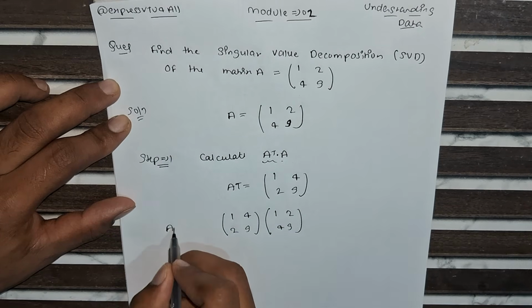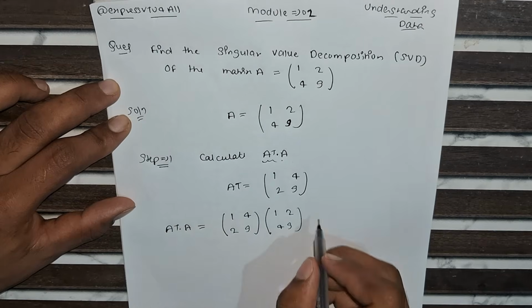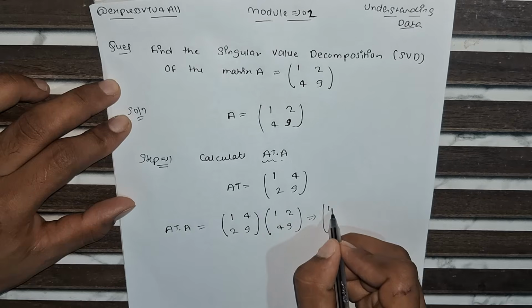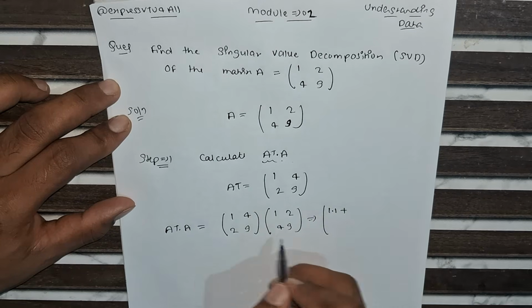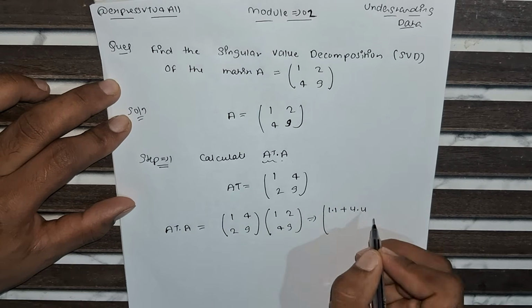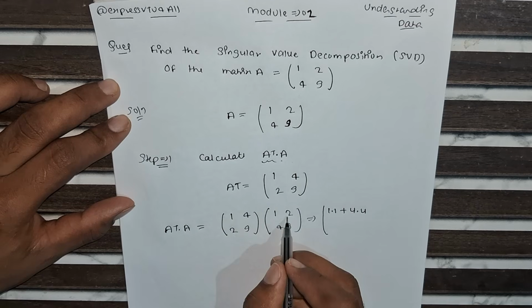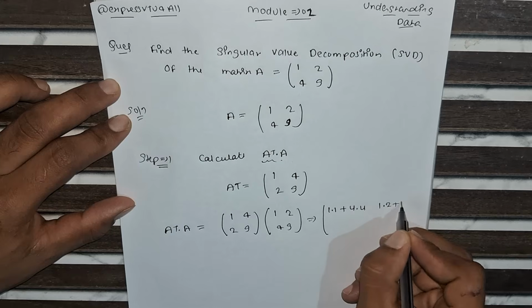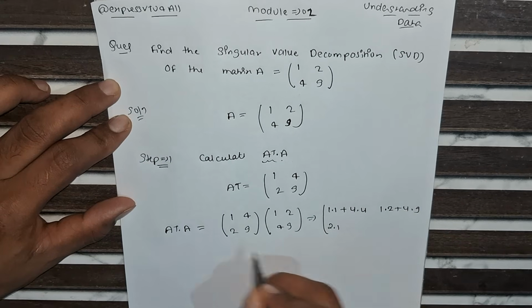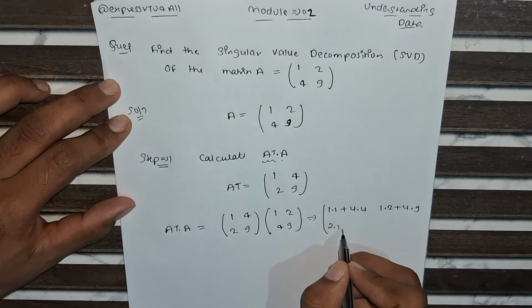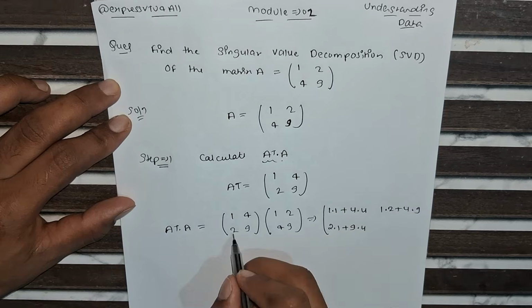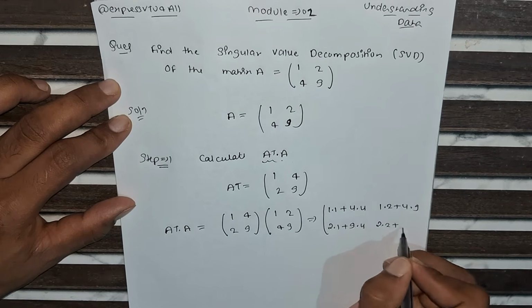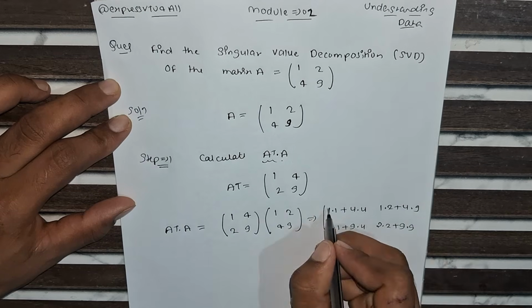So 1 into 1 plus 4 into 4, 1 into 2 plus 4 into 9, 2 into 1 plus 9 into 4, and 2 into 2 plus 9 into 9.